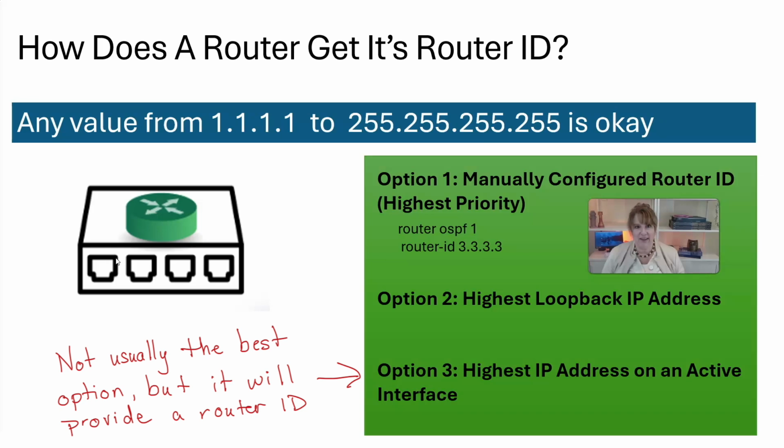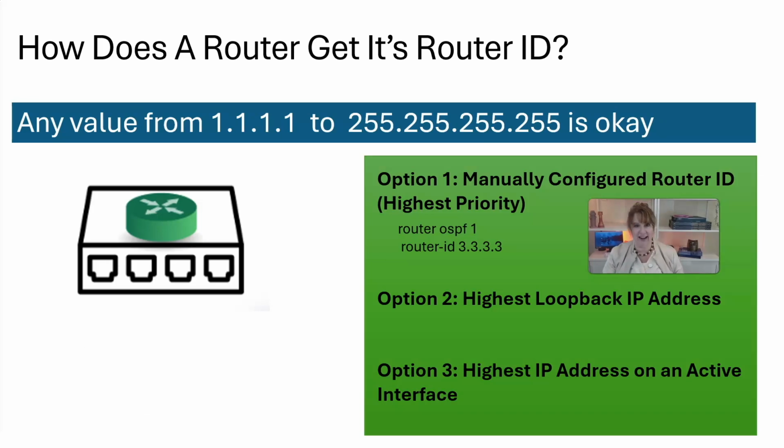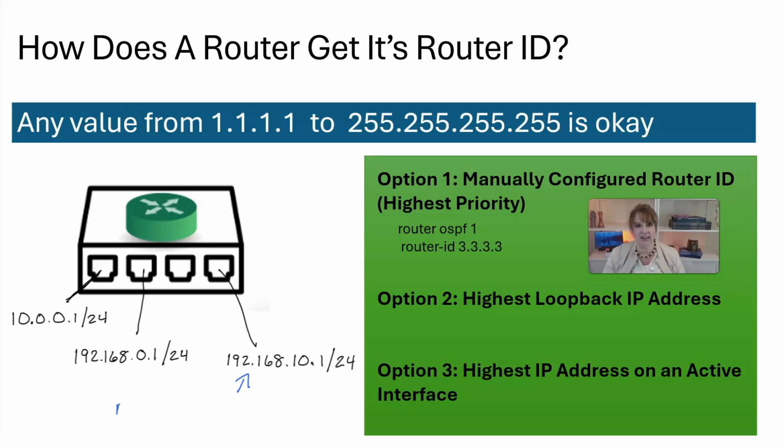For example, if our adorable little router here has 10.0.0.1/24, let's just go with /24 for these, 10.0.0.1, 192.168.0.1, and 192.168.10.1, and there's no router ID explicitly configured, and there's no loopback configured, then the router ID would be 192.168.10.1.